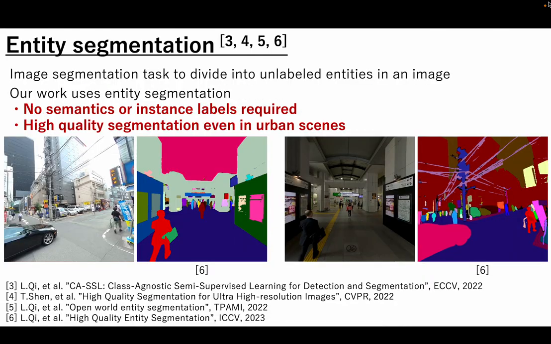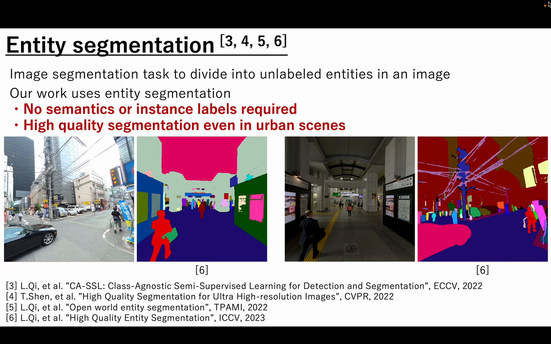In contrast to these studies, our research considers the problem of label assignment, where labels indicating whether each entity moves or not are assigned using segmentation. For this purpose, we utilize entity segmentation aimed at segmenting all entities in an image without predicting semantic labels or instance labels.